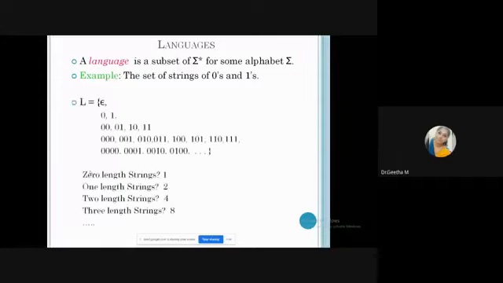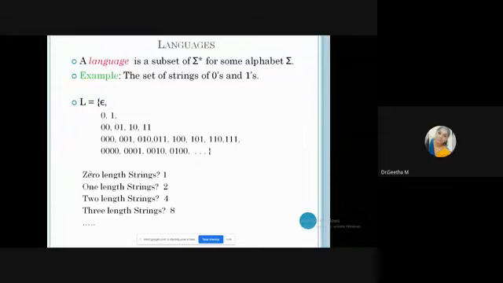So the example is in the form of L, which is equal to, see the third line, L equals sigma. I told you that epsilon is the zero length string. Then coming to the next line, 0 comma 1, this is the form of one length strings. Then two length strings, followed by three length strings and four length strings, up to any number n of lengths, can be formed by this kind of language.